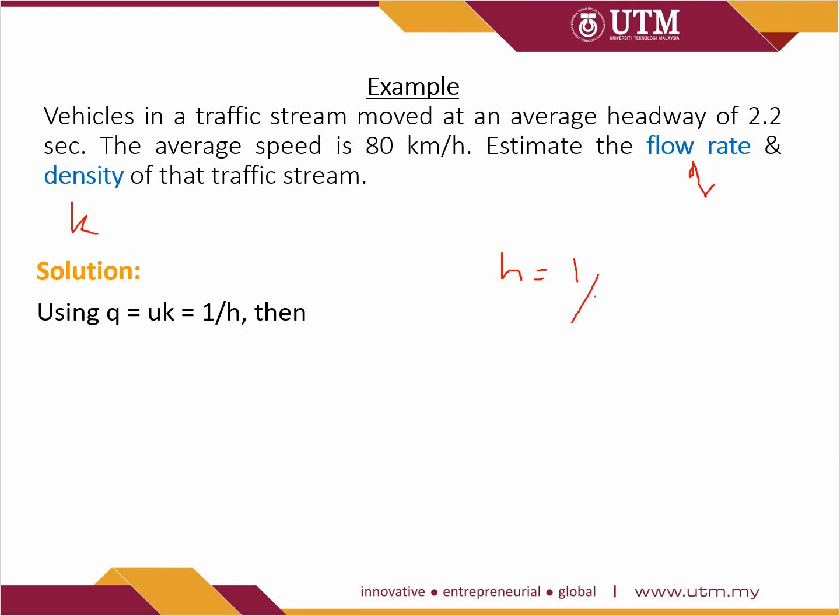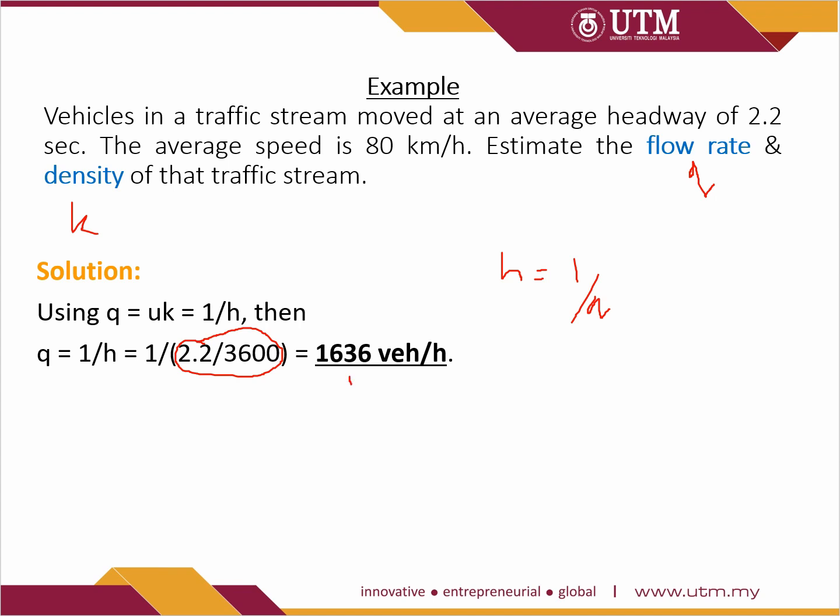So it's going to be the same. We're going to use this one: Q equal to 1 over H. Just put 1 over 2.2 seconds, times 3600 to change it to the hour, then you will get 1636.